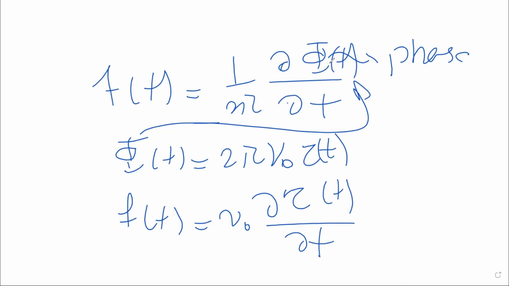Based on this principle, we can rewrite the equation of the VLBI observations, this time based on the fringe frequency.